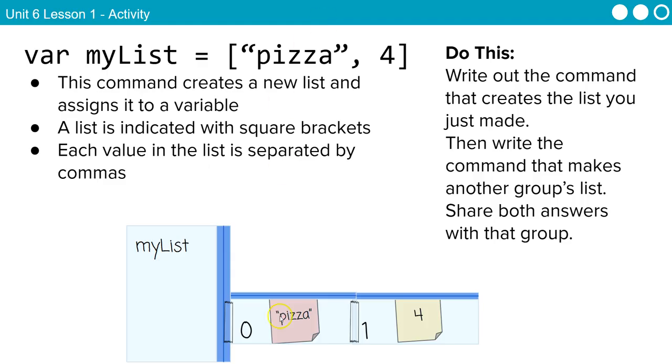In this case, I want the string pizza and the number 4, so after my opening square bracket, in quotes I put pizza, close the quotes, and then the comma to tell the code, okay, now my second element, and then I put the number 4. Once I'm done creating my list, I just put the closing square bracket. They don't have the semicolon here, but you should have a semicolon. That will create your list. So now this variable, my list, has a list stored to it with these 2 elements inside.